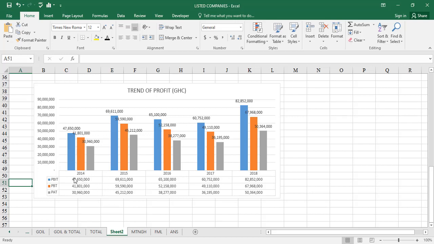So in 2014 you realize that their profit before interest and tax stood at 47.6 million Ghana cedis, as compared to 2018 where it stood at 82.8 million Ghana cedis.